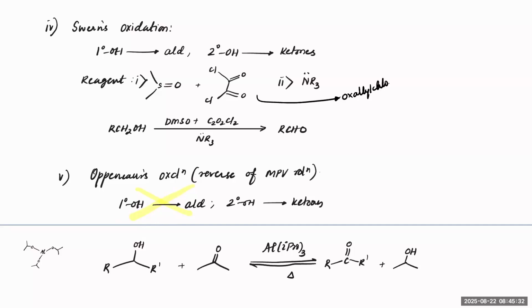Basically, it is oxalic acid with chlorides. Then you have to use a 3 degree amine. So combining these three, no mechanism required here. Directly remember, 1 degree alcohol will convert into aldehyde, 2 degree will convert into ketone. This is same as DMSO on alkyl halide. Just like the alkyl halide reaction, in a similar case here you will have an aldehyde form.